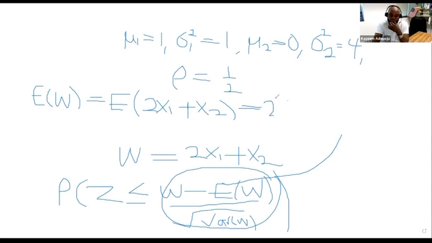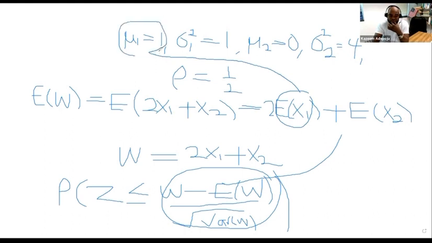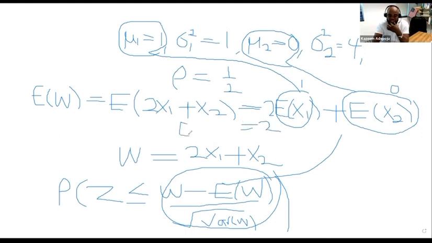So this is going to be 2 times the expected value of X1 plus the expected value of X2. The expected value of X1 is mu1, and the expected value of X2 is mu2. Don't forget that. So when I plug in 1 and 0, 2 times 1 is 2, plus 0, so the expected value of W is equal to 2.